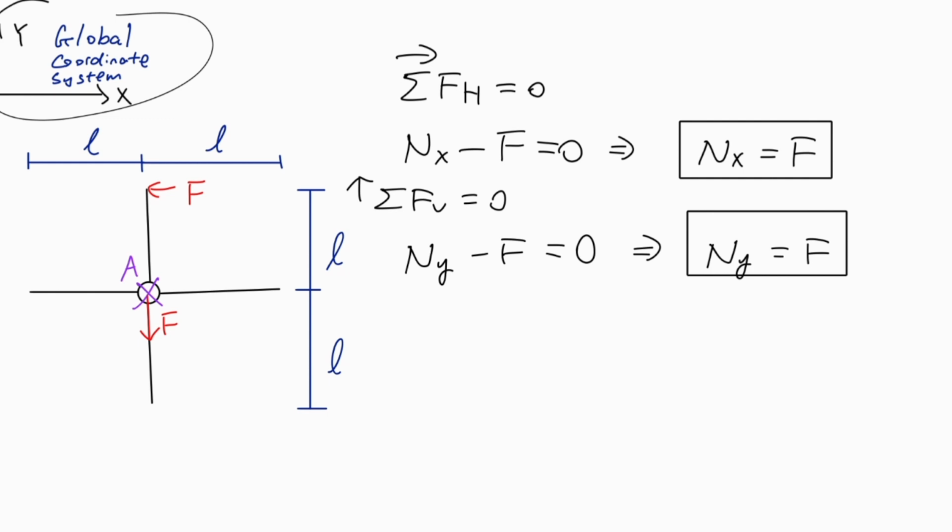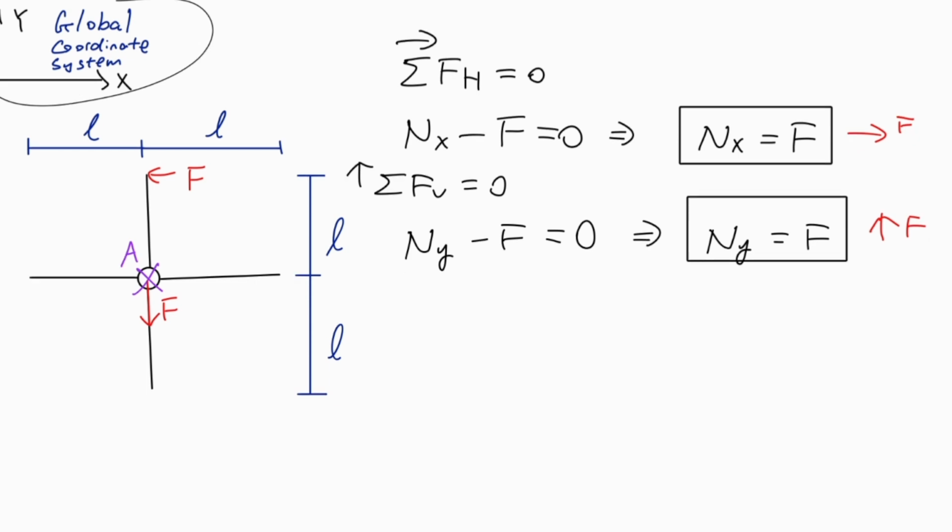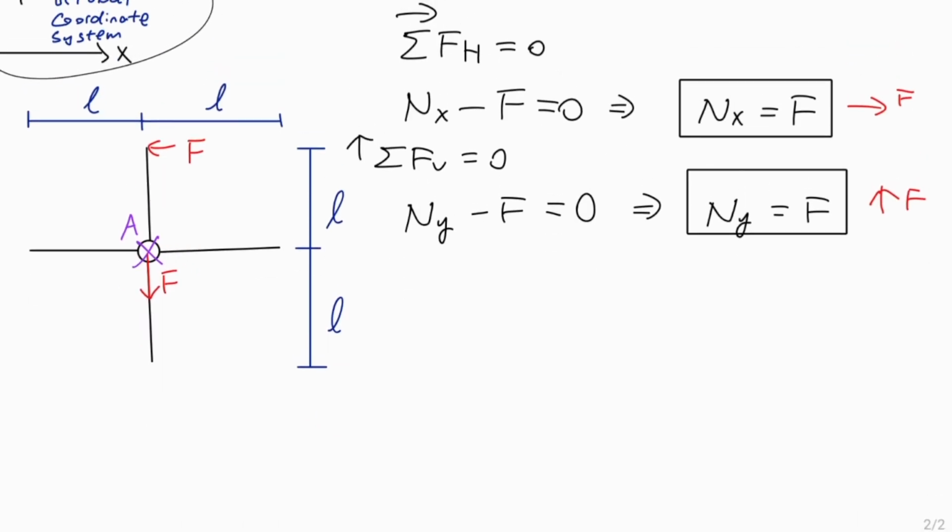Now I know my force is magnitude F in this direction and magnitude F in this direction. So my net force has to be force in this direction, that has magnitude F here and F here, which means it has magnitude of square root of 2 F.